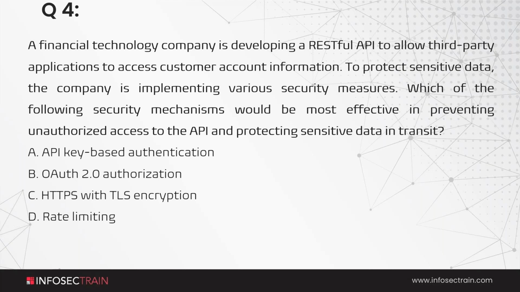REST API by default doesn't have a native security mechanism. It inherits the security of the underlying channel. Don't forget, when you go for SOAP, it has inbuilt security controls because it's a protocol. But REST does not have an inbuilt security mechanism.